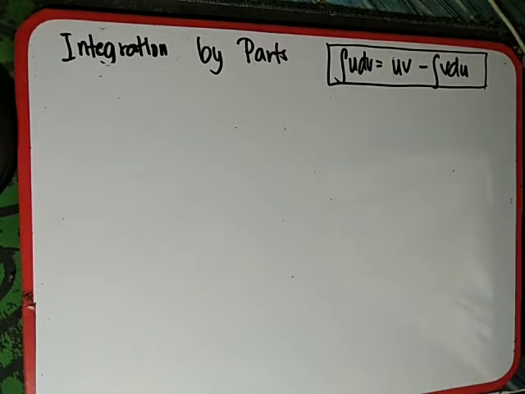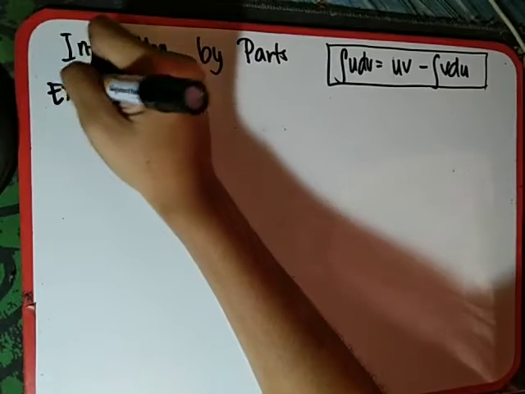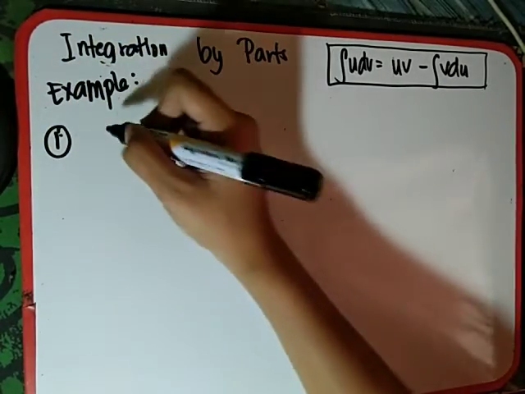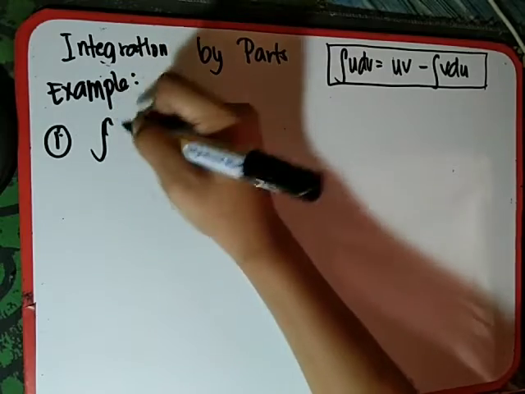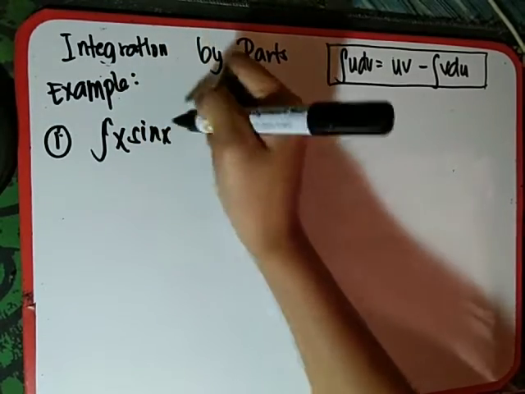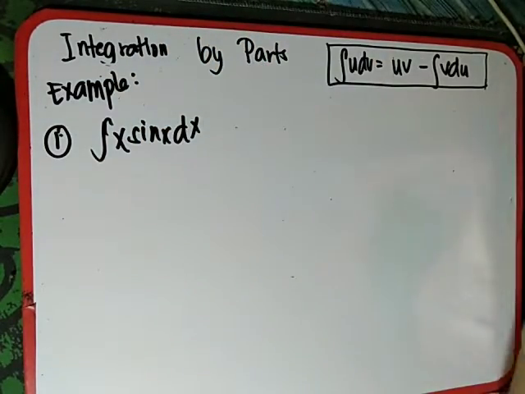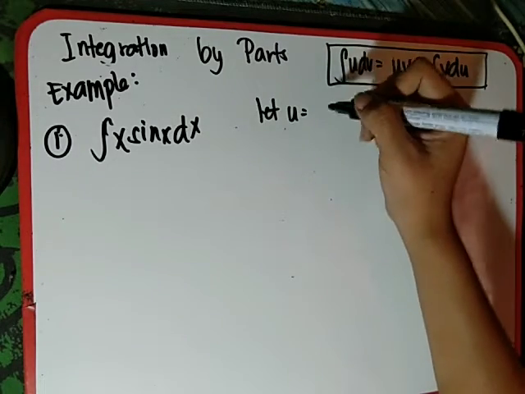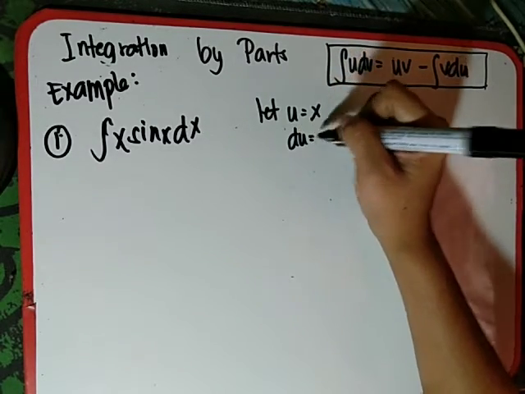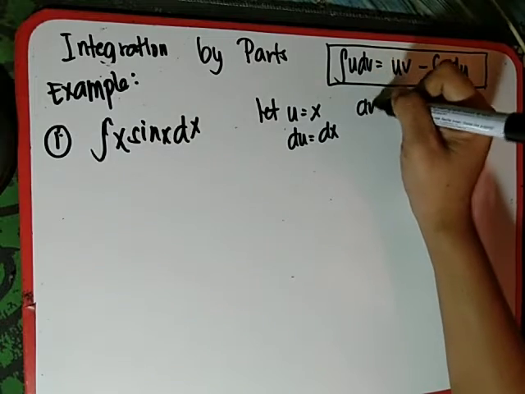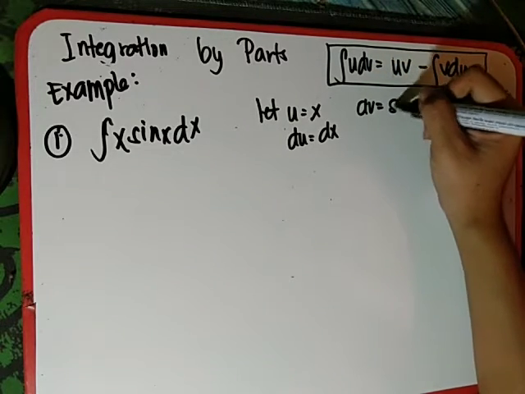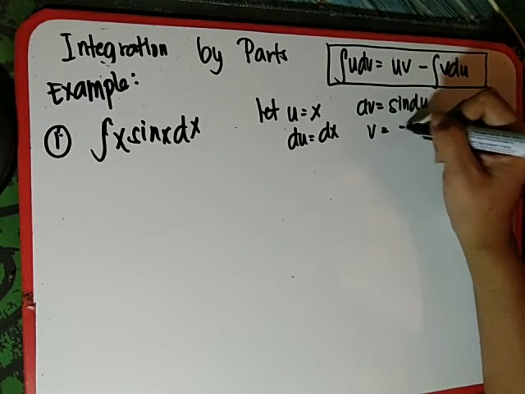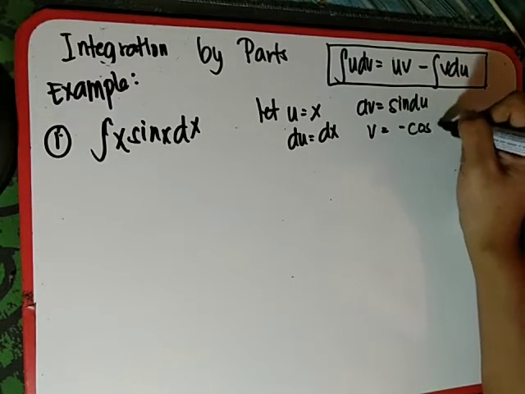So let's have an example. Example number 1: the integral of x sin x dx. So let u be x, du is equal to dx, dv is equal to sin x dx, and our v is equal to negative cosine x.